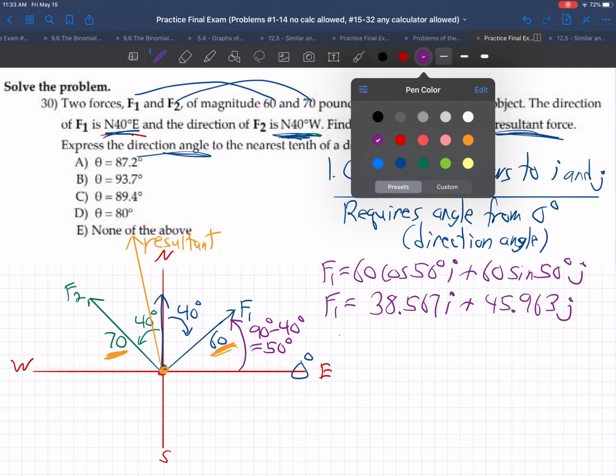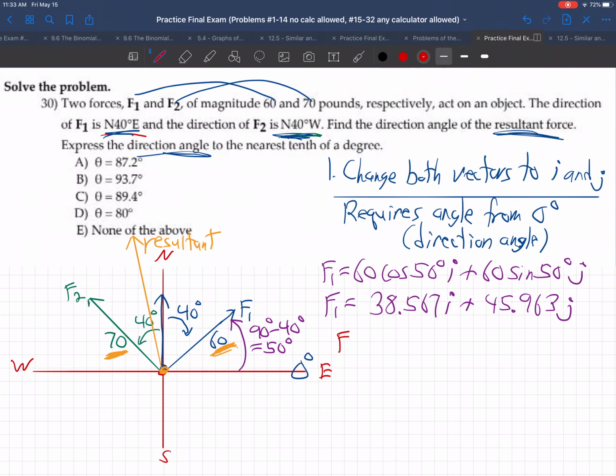Let's go for force 2 here. Now what's the direction angle all the way from here to force 2? Remember, a direction angle is the angle from 0 degrees. Well, all the way to here is 90, and then he goes 40 more than that. So he must be 90 plus 40, 130 degrees.